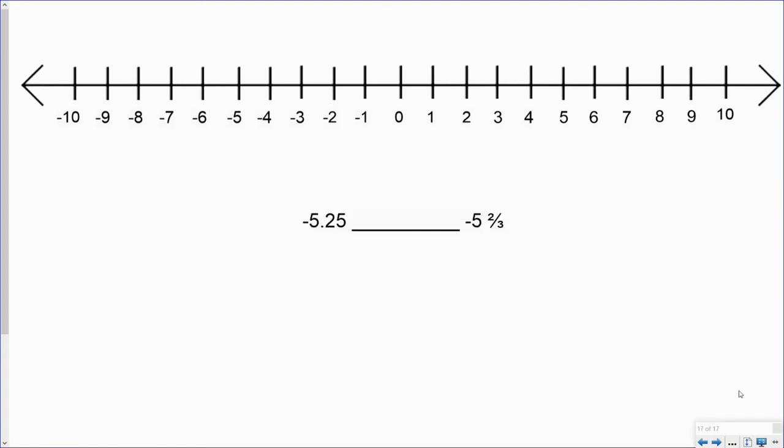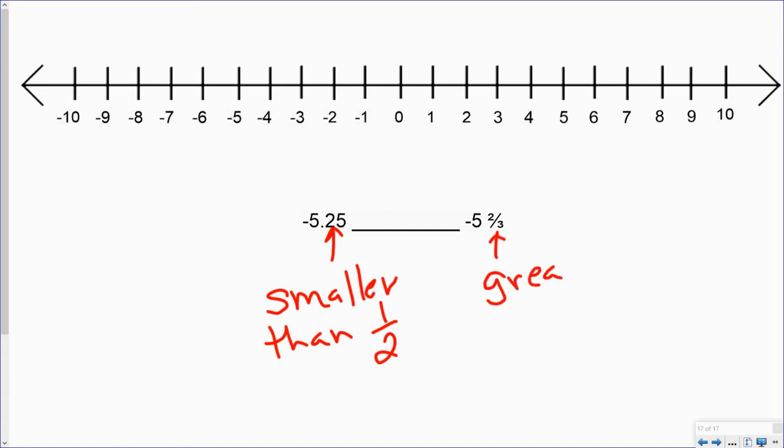Let's compare these two numbers. Well, one's a decimal, one's a fraction. I can either change them both to decimals, I can change them both to fractions, or I can use my number sense and compare them that way. So on here, 25 hundredths is smaller than 1/2. 2/3 is greater than 1/2.